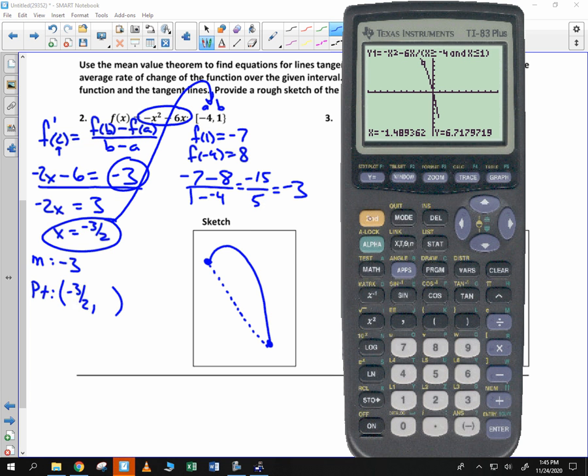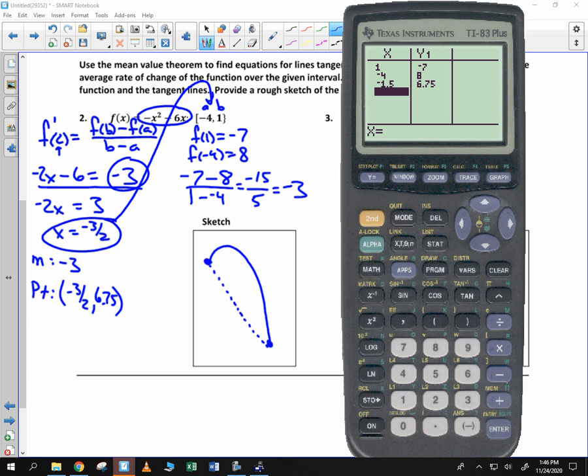To figure out my y value, I can go to my table and type in that -3/2, and I get 6.75. So y minus 6.75 is equal to -3 times x plus 3 over 2.